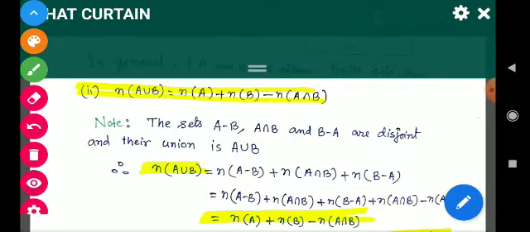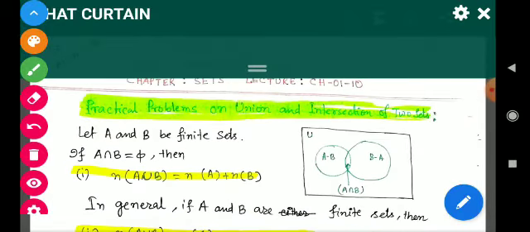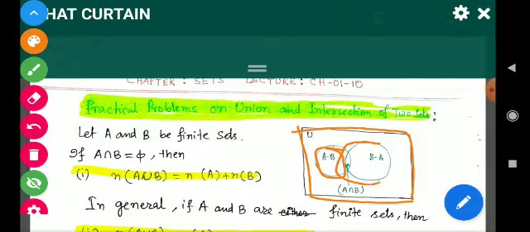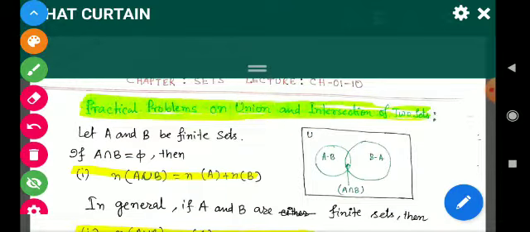If we see the figure here, we will understand that this is the universal set, the rectangle, and here we can draw two sets which intersect each other.